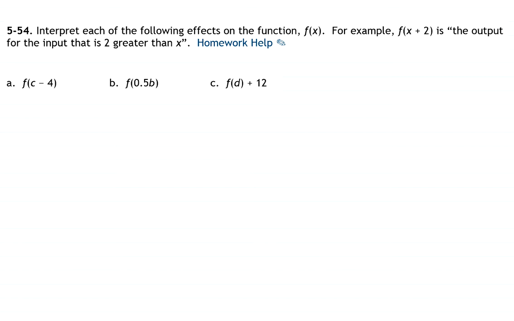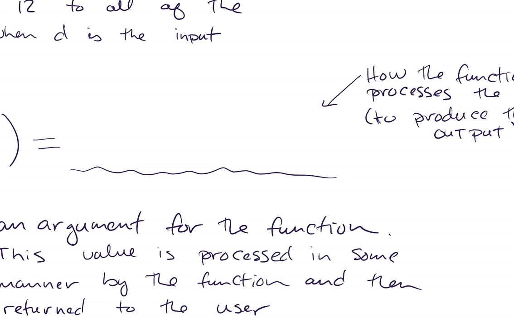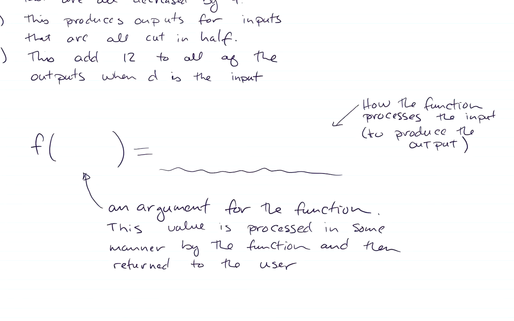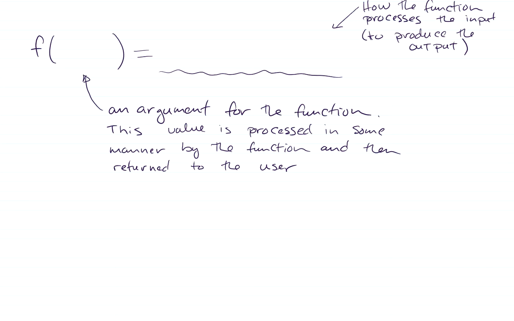But basically how this works is when I write f of x equals something, for example, if I said f of x equals 3x plus 2, this thing over here, this 3x plus 2, tells me how I'm going to process the input that produces an output.